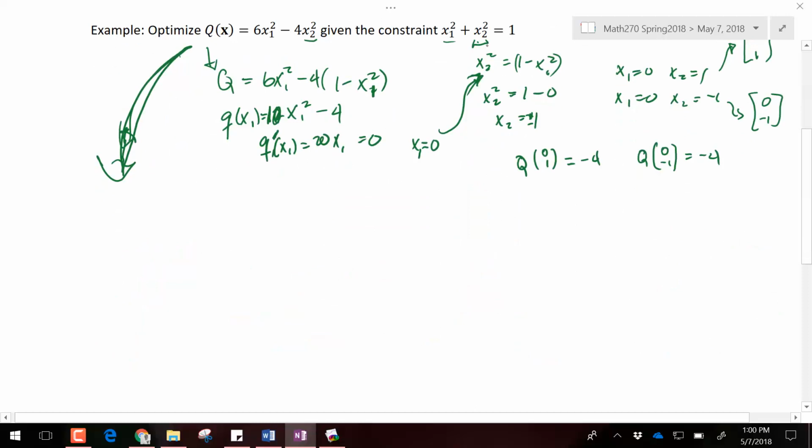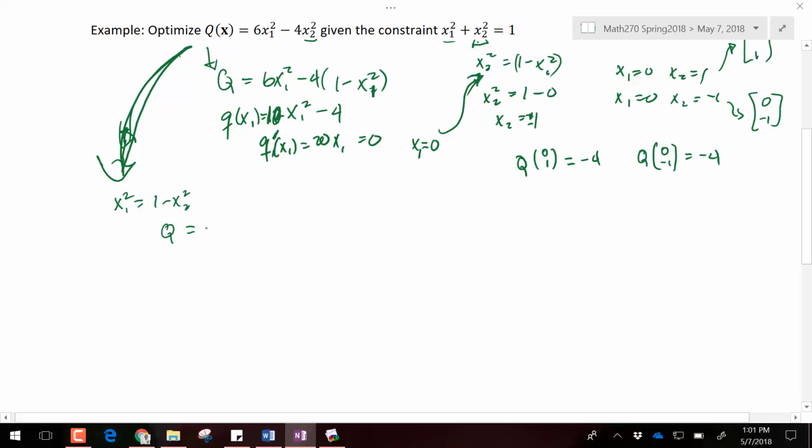So I think if we solve for x1 here, we're going to get 1 minus x1 squared, 1 minus x2 squared. And then we're going to go through the same thing, but it seems like we should get the other solution here.